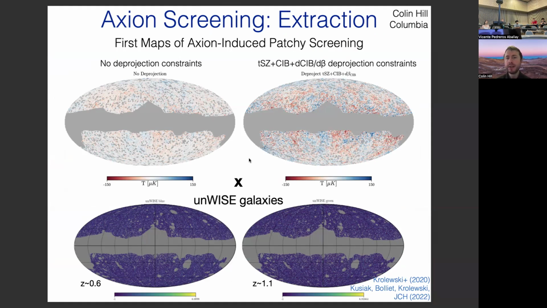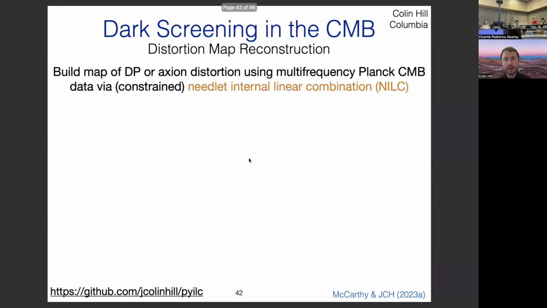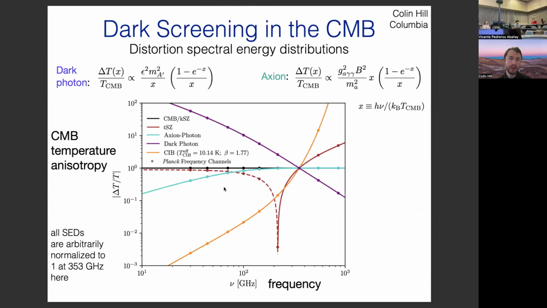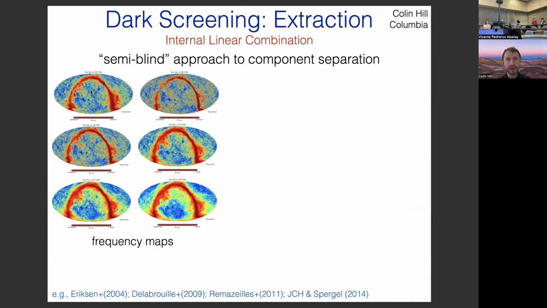What we're looking for, really, let me just go back to here. What we're doing in that analysis is that we're going to take the multi-frequency maps from Planck. So basically these types of maps, this is the intensity of the sky at different frequencies.